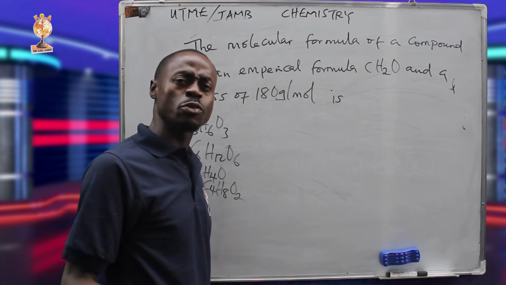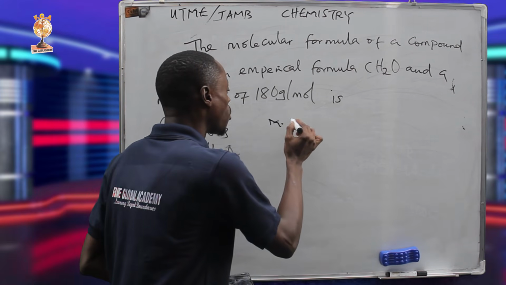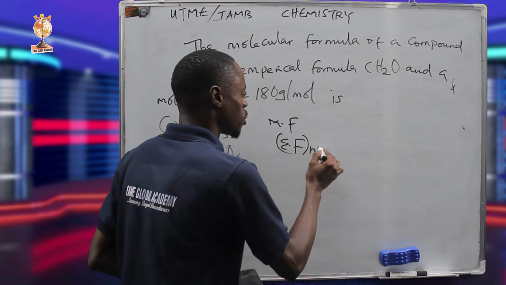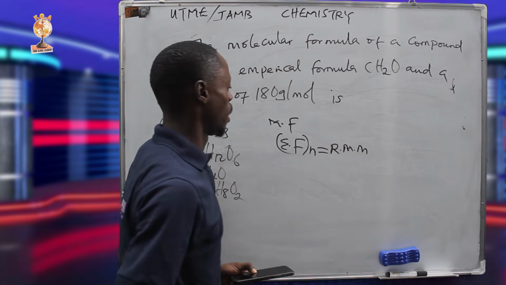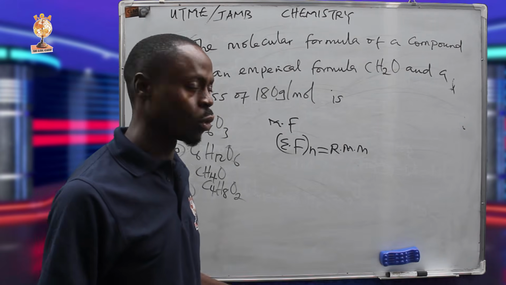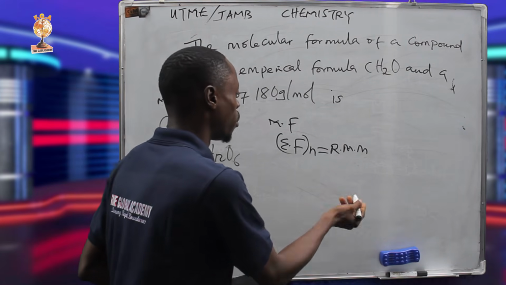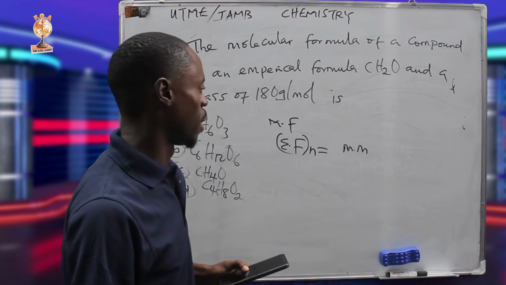The relationship is that the molecular formula of a compound is the empirical formula raised to N, which is equal to the RMM. What is RMM? It's the relative molecular mass, but here I call it the molar mass of the compound.